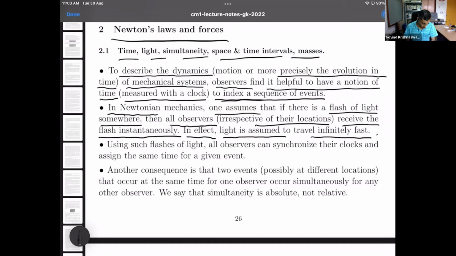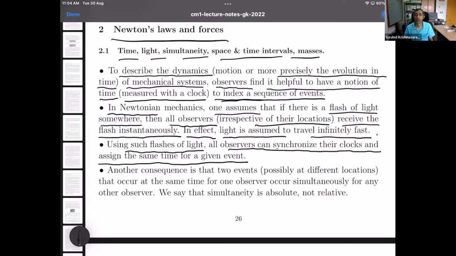Okay. Using such flashes of light, all observers can synchronize their clocks and assign the same time for a given event. Okay, so this event was my setting off a little spark. Yeah, on my clock, maybe I receive it at 11:04 a.m. Maybe on your clock, it appears to arrive at 11:06 a.m. Yeah, and Abhishek's clock, it arrives at 10:07 a.m. Now, each of us have set our clocks in some different way, but we can all recalibrate our clocks so that we all agree on the time at which this flash went off.